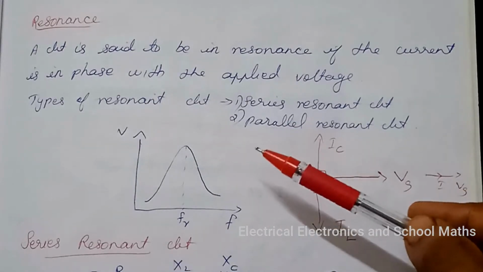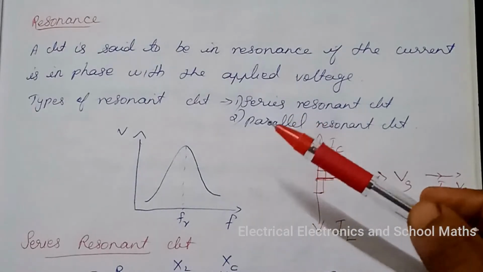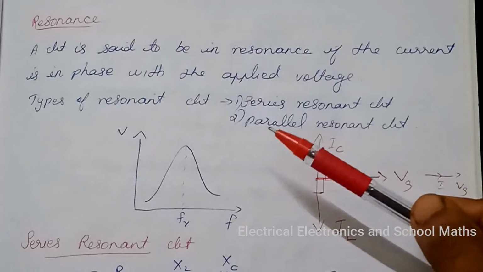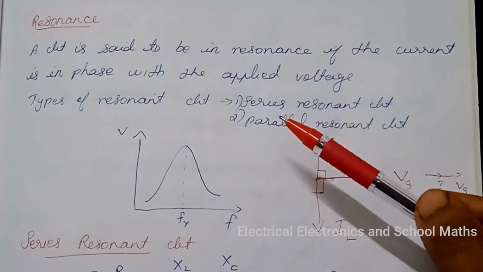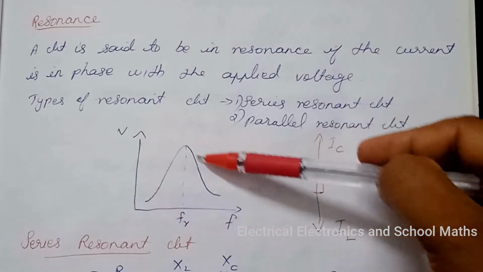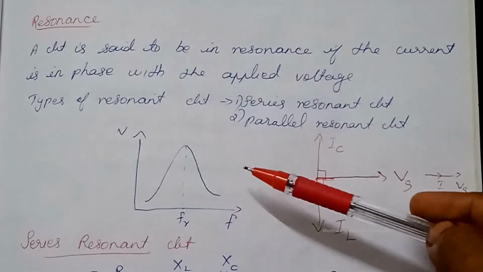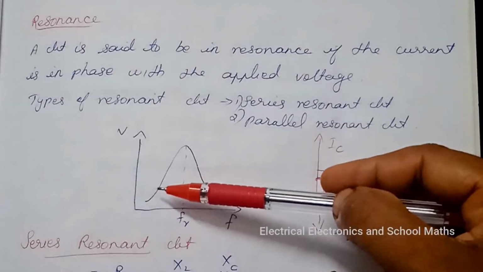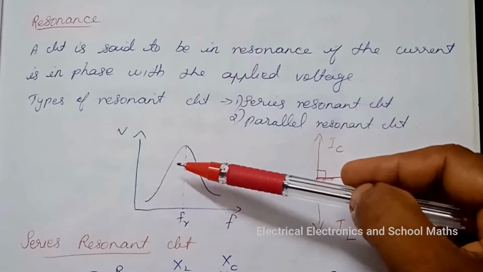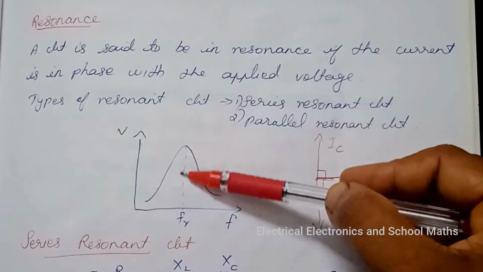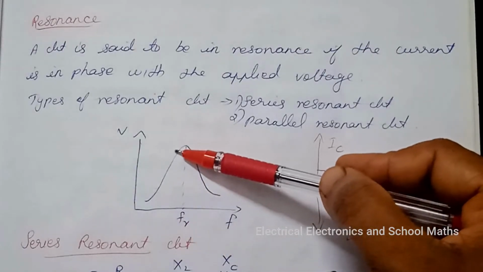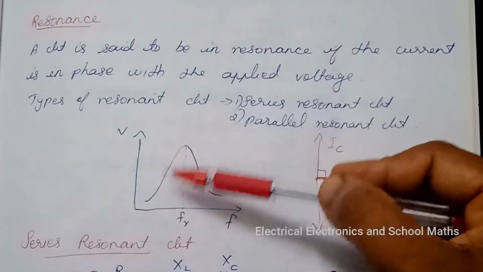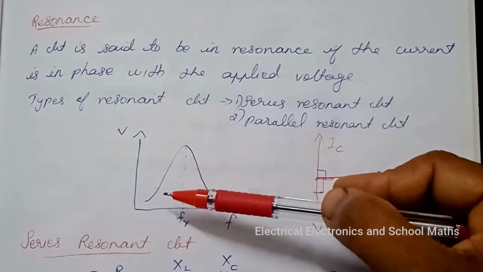The resonant circuit is a combination of resistance, inductance and capacitive elements having a frequency response characteristic as shown. In this figure, the response is maximum for a frequency Fr, decreasing to the right and left of this frequency.